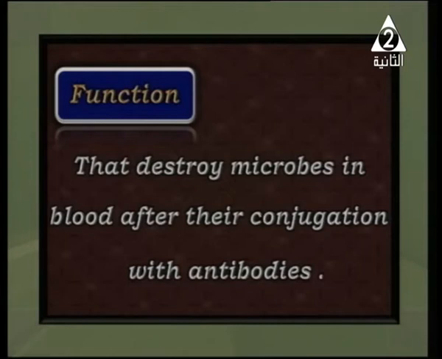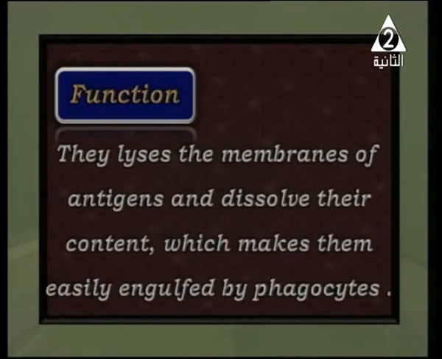After the antibody connects and attacks, they have the ability to destroy these microbes and also to lyse the membranes of the antigens. Lysis means they are destroyed and their components dissolve, which makes them easily engulfed by the phagocytes. So the main function of the complements is to make the engulfing function of the phagocytes easier, which is the help of these assisting chemical substances inside your body.